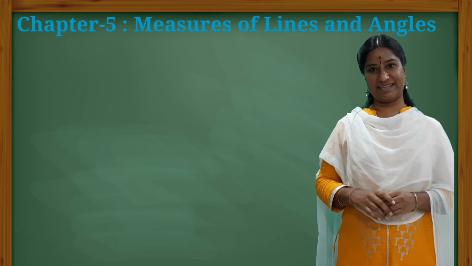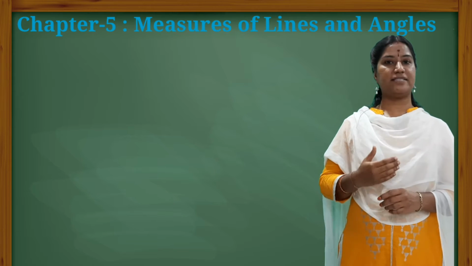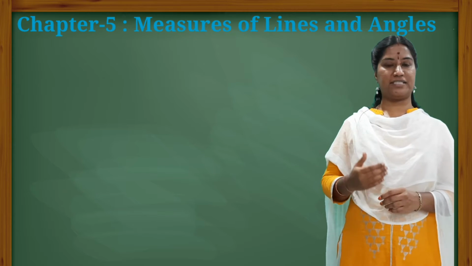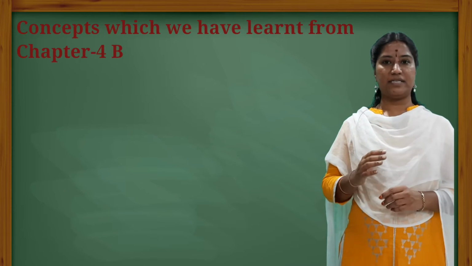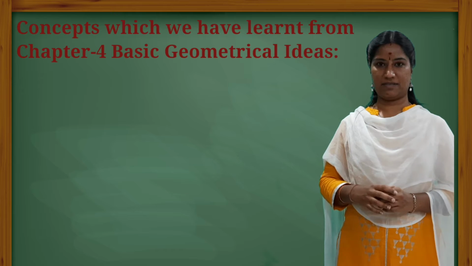Today we are starting a new chapter from your mathematics textbook, the fifth chapter, Measures of Lines and Angles. In your previous chapter, the fourth chapter, Basic Geometrical Ideas, you learned some geometrical concepts.